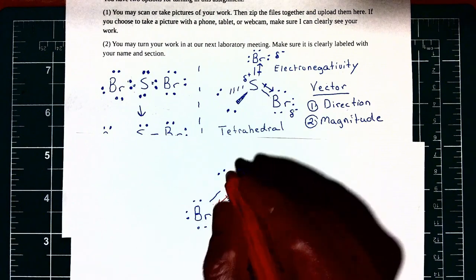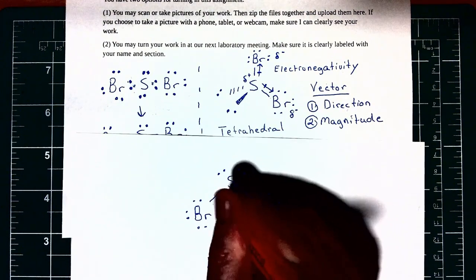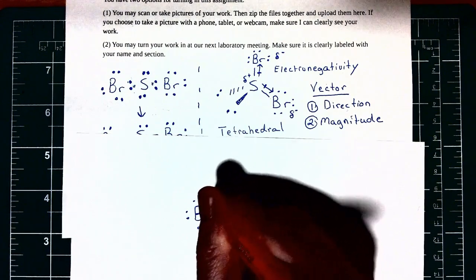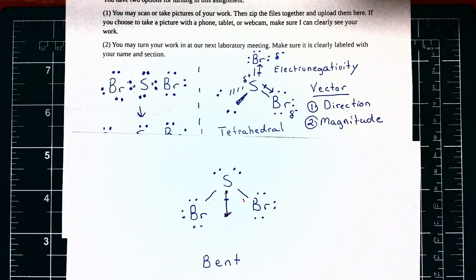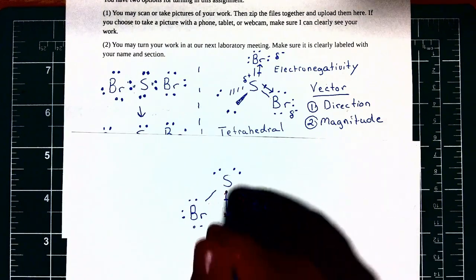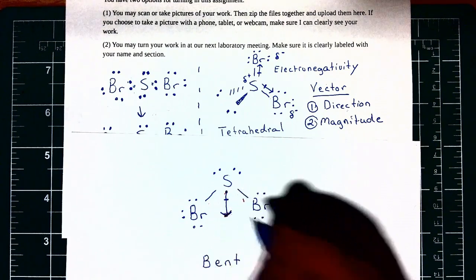Now I can get rid of these bond dipoles because I didn't really need those. Those were just for purposes of demonstrating. And we have the overall dipole moment of this molecule.